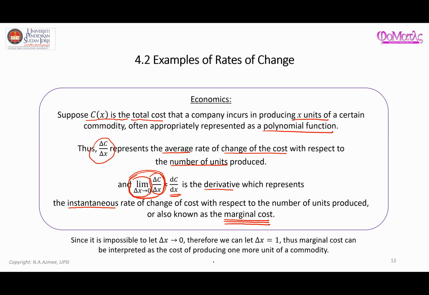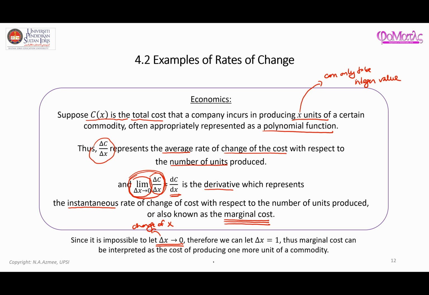Now I'm going to point out another important fact: it is impossible to let Δx approach 0. Remember that Δx here is the change of x, and x can only take integer values.